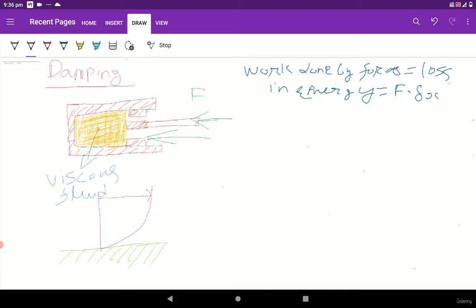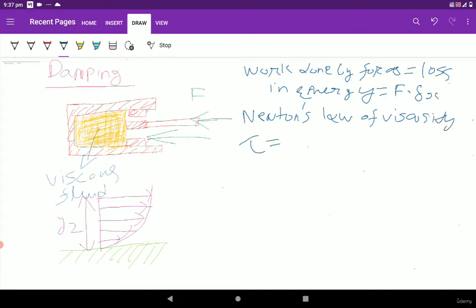This is the profile of the existence of this shear stress here, which has the thickness y2. By Newton's law of viscosity, tau is equal to mu dot du by dy.